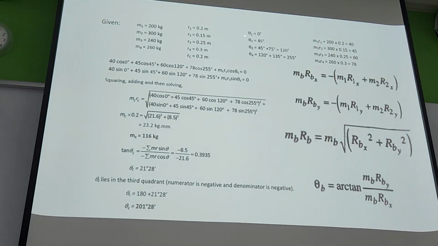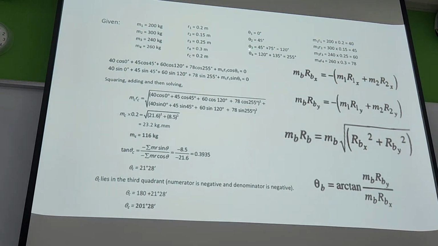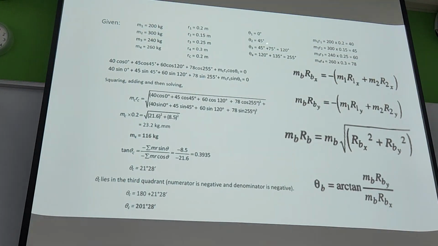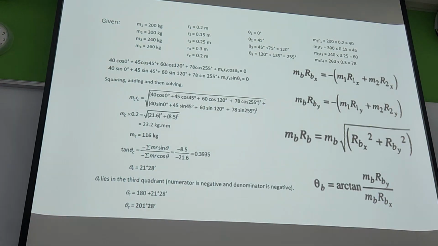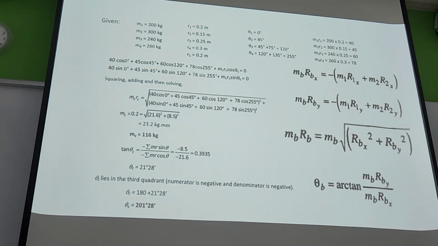Theta 2 is 45, theta 3 is 120 degrees, and theta 4 is 255 degrees. You know all this data from the given description and the sketch. Then you calculate M1R1, M2R2, M3R3, M4R4.